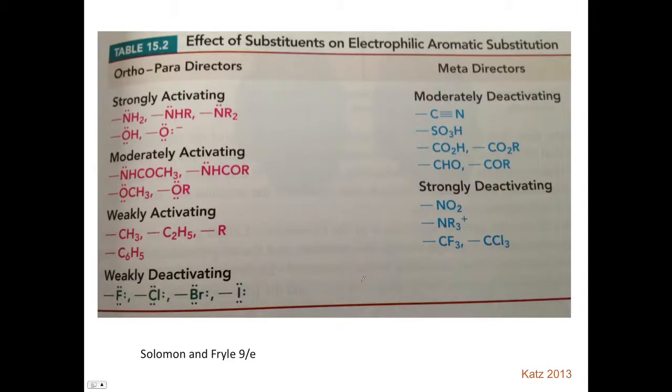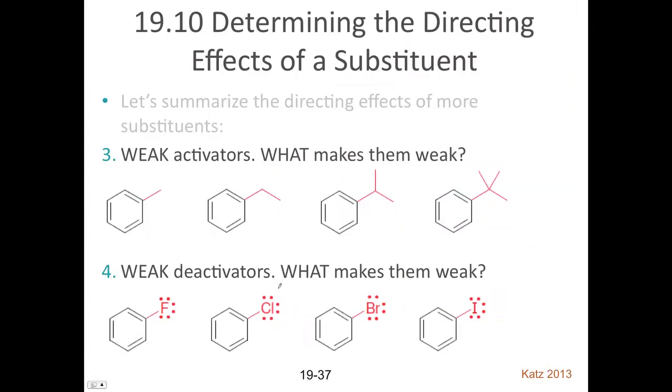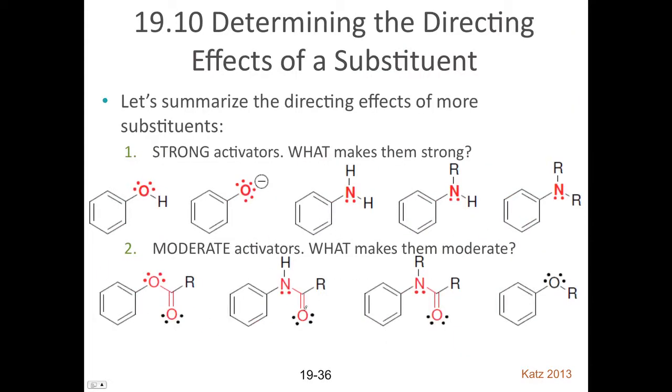Well, let's look back to here. This guy here is a moderate activator, because even though you have an electronegative group on it, it has lone pairs on it, so it could donate electron density to the ring. And it's also cross-conjugated, even though it has an alkyl group on it. So this is more the correct answer right here: it is a moderate activator because you have some lone pairs right there that can dump into the ring, but you also can pull electron density out of the ring, out of this region right there.